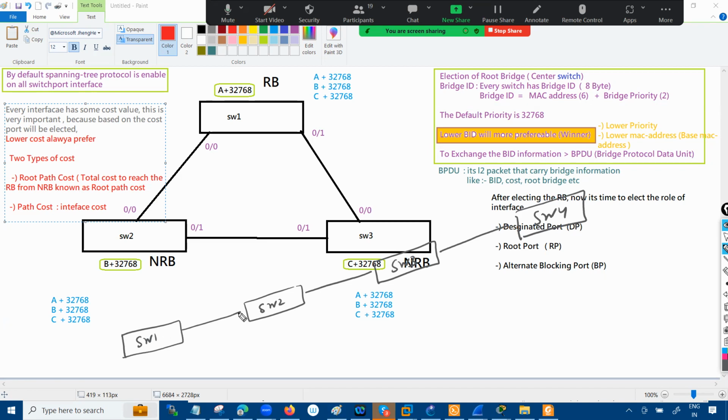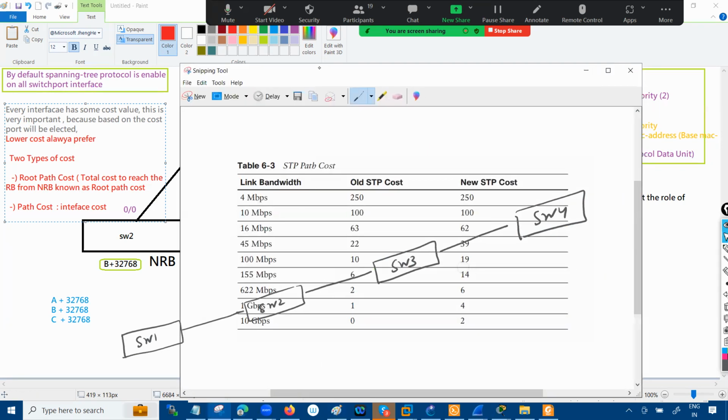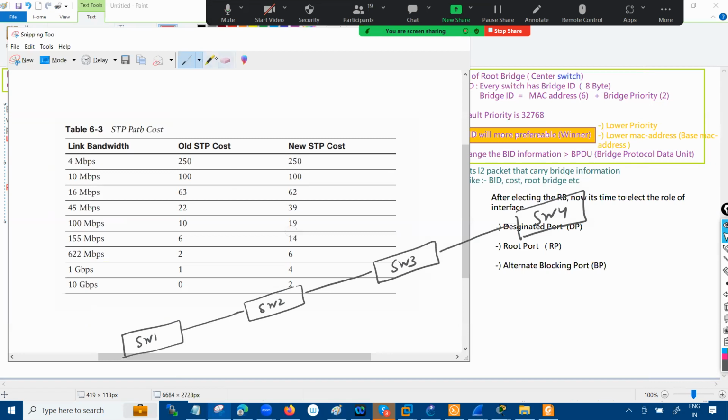So we have understood this link right now. If you see, each link speed has a different cost. If you look at the link bandwidth, don't look for the older values, look for the newer ones. If you go with 4 Mbps, you have a cost of 250. If you go with 10 gig, the cost is 2.